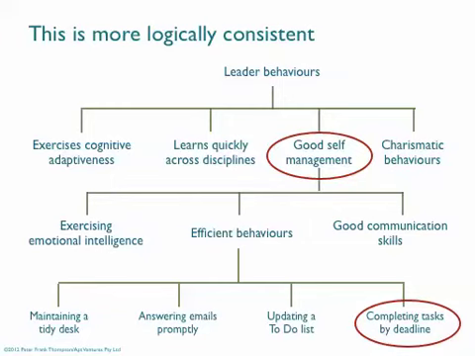In a follow-up to this one, we'll start looking at sets, because you'll also recognise that while completing tasks by a deadline is normally considered an efficient behaviour, the invitation now is to consider, is it possible that on occasions completing a task by deadline could be an inefficient behaviour? So could the one behaviour belong to two different categories, depending on how we're looking at things and categorising things? That's just food for thought for the moment.